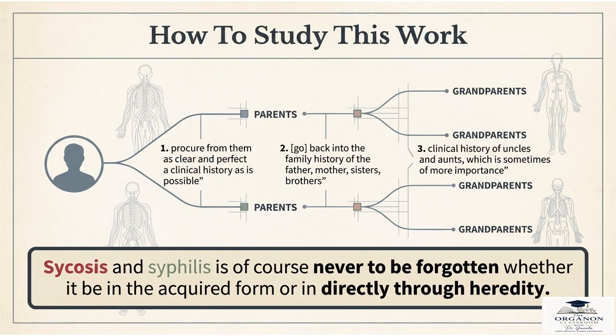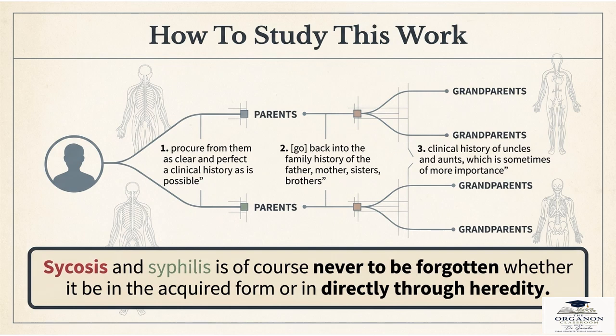Clinical history of the patient is going to be taken, and the clinical history of the family as well. That is why that timeline is important for us, for the patient himself as an individual and for the family history. So we go back into the family history of father, mother, sisters, brothers, and all of it together. We take the parents' maternal and paternal sides, both.